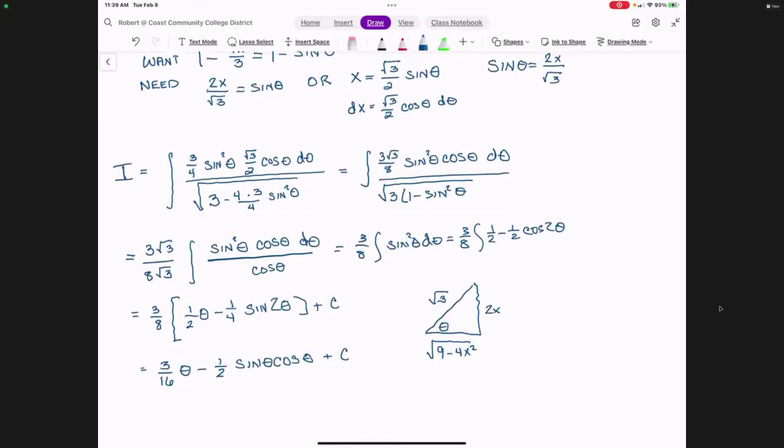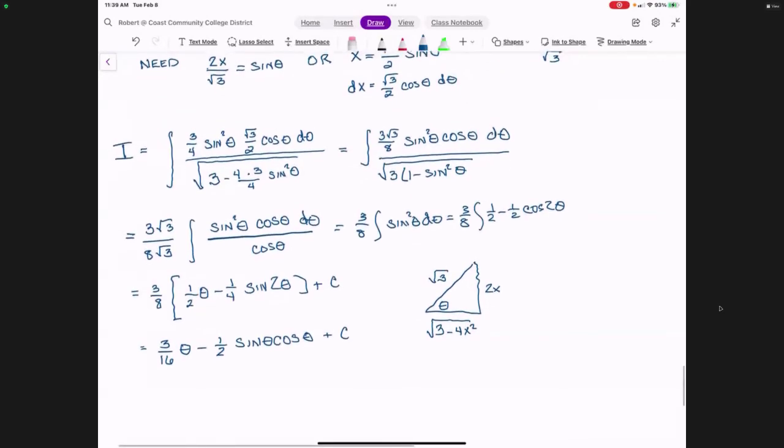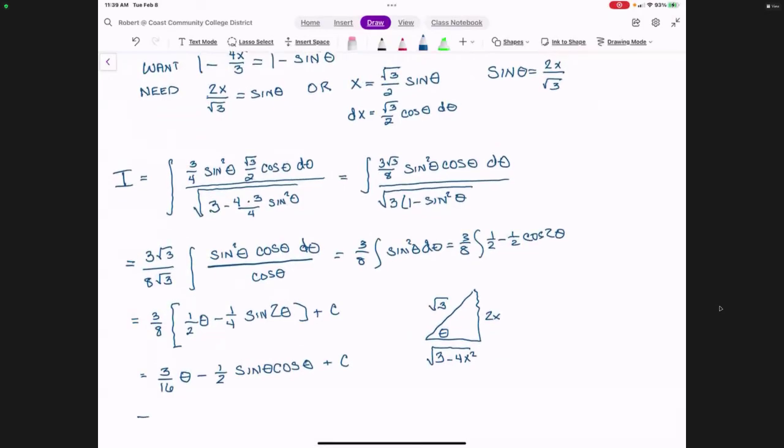Isn't it 3 minus 4x squared? So 3/16 sine inverse of 2x over radical 3, and then minus 1/2 the sine of theta times the cosine of theta.